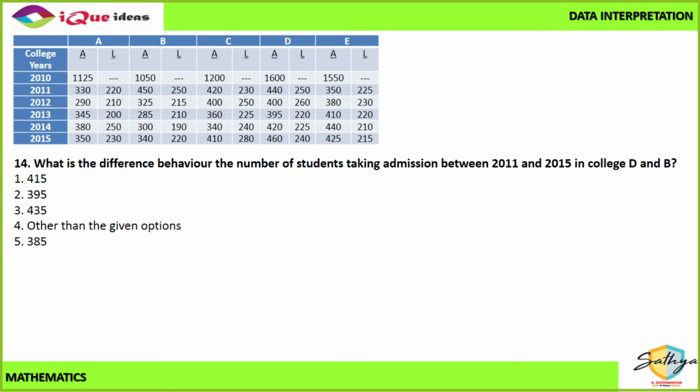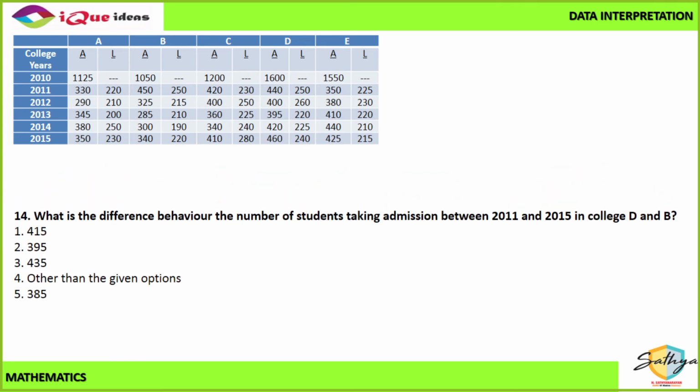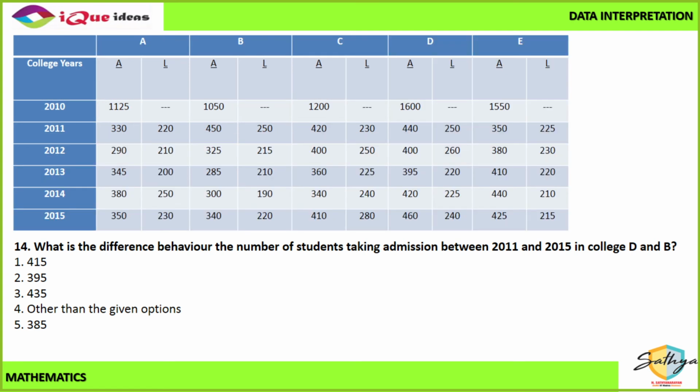Again, calculation intensive. What is the difference in the number of students taking admission between 2011 and 15 in D and B? This should be faster than the previous one.